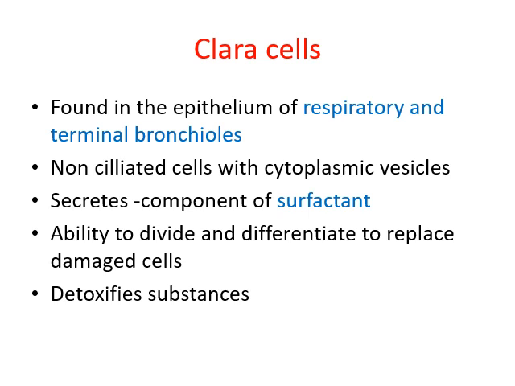That is how you identify them from the other cells of the epithelium. Now Clara cells are important because they secrete a component of what we call surfactant. Surfactant is an oily sort of substance which reduces the surface tension of alveoli.